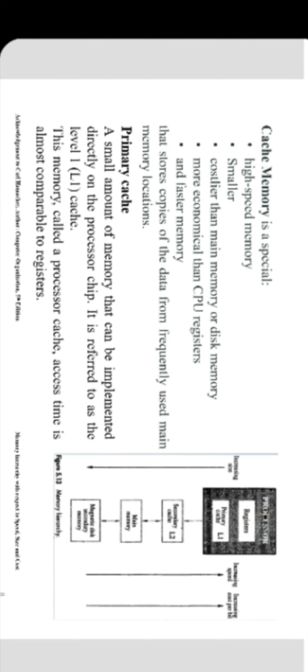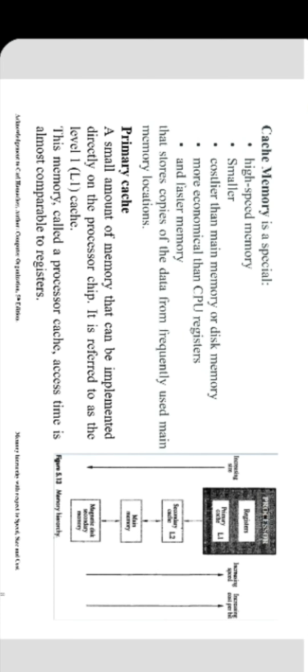Cache memory is a special memory. It is of high speed. It is small in size because it is very costly when compared to main memory, but less costly when compared to registers. So they are faster memory elements. Whatever program is under execution and loaded into main memory, a copy of that is stored in cache.